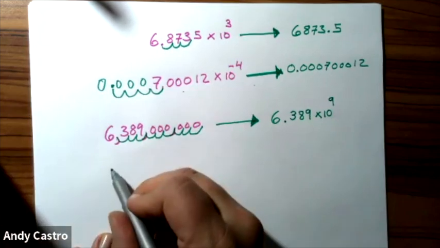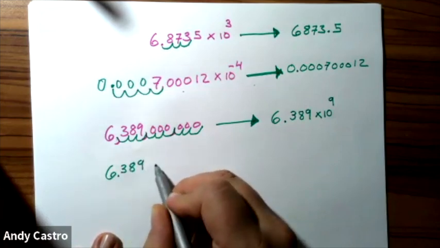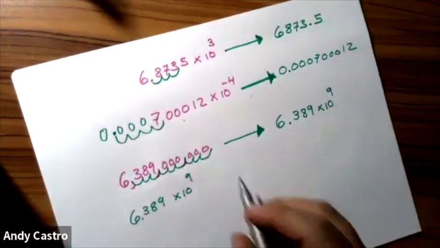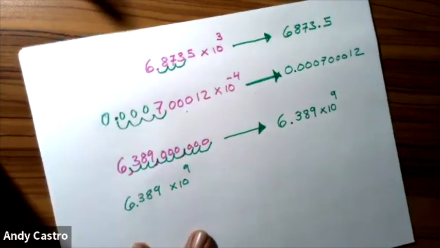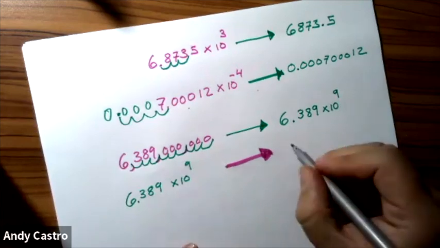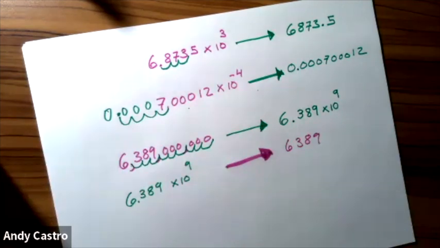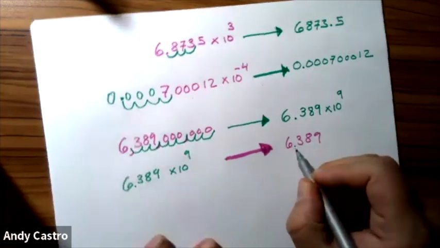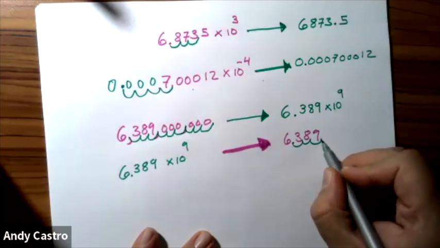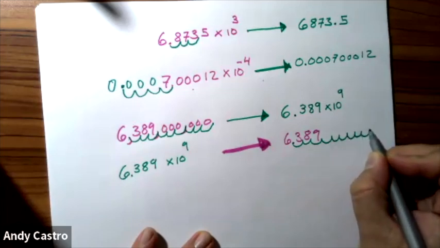And we could check that. 6.389 times 10 to the 9th. All right, so we would have 6,389. Our decimal point starts here, and we're going to move it to the right 9. 1, 2, 3, 4, 5, 6, 7, 8, 9.